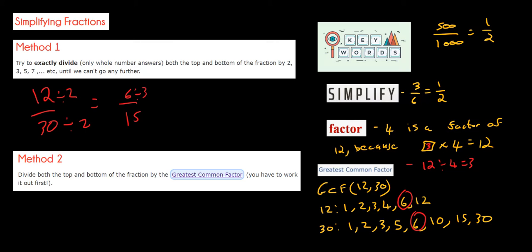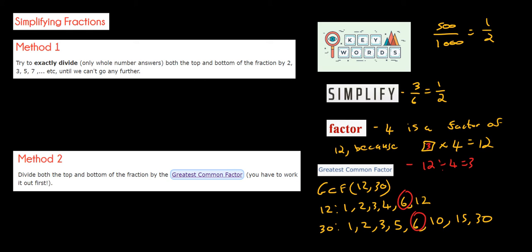Then we can divide by 3 to get 2 over 5. If we multiply 2 and 3 together, we get 6, which is our greatest common factor. So we can break down the fraction to make it a little bit more manageable, but the aim is always to divide by the greatest common factor.